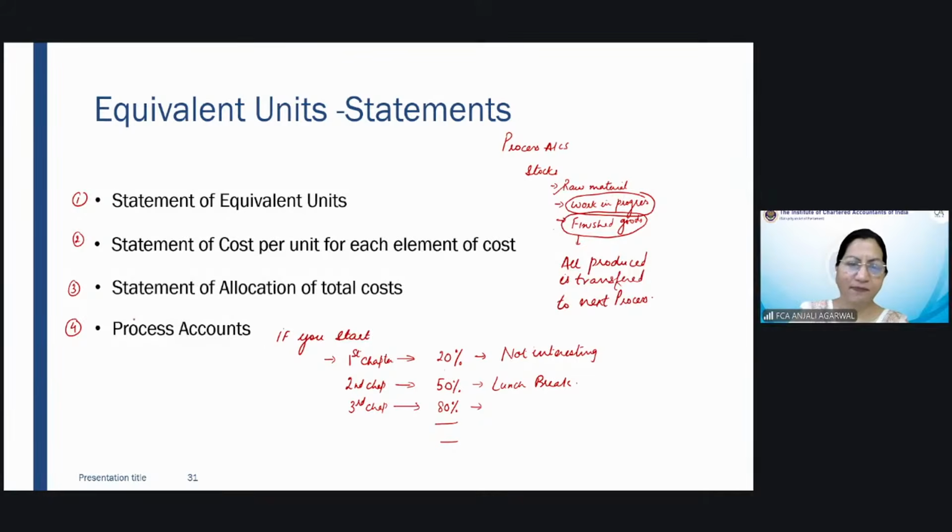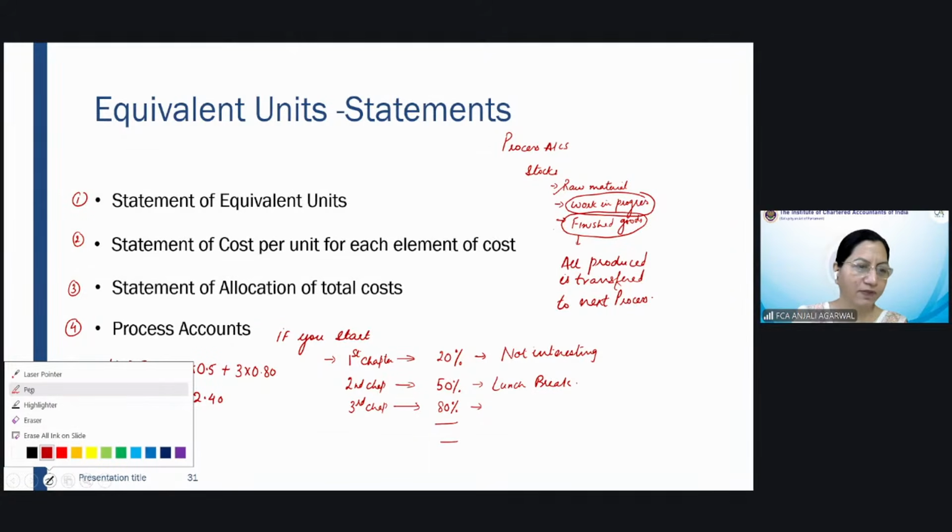So if I say one chapter 20% complete plus second chapter 50% complete plus third chapter 80% complete. All chapters are one only.